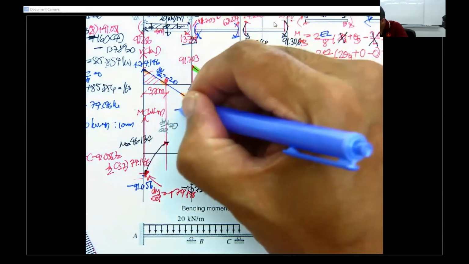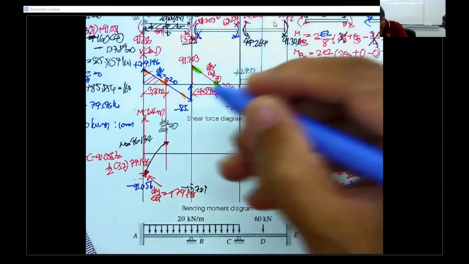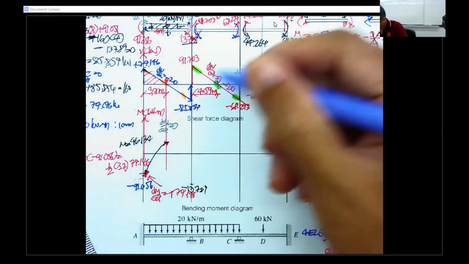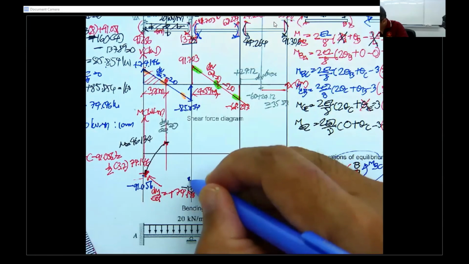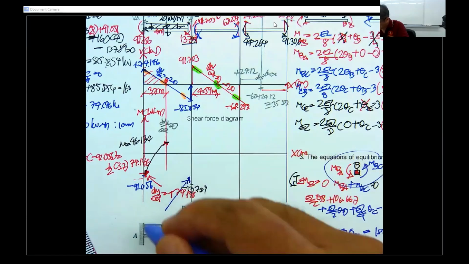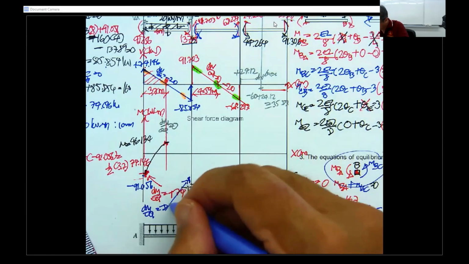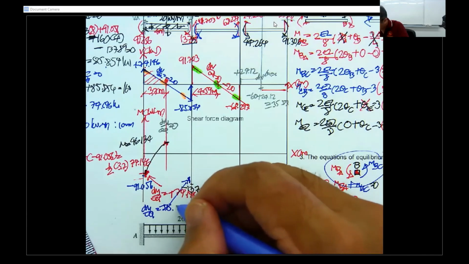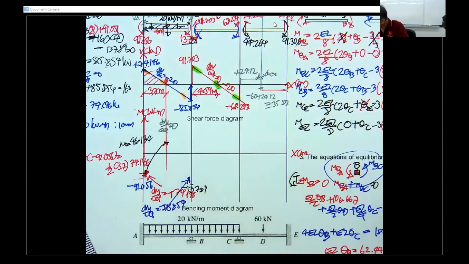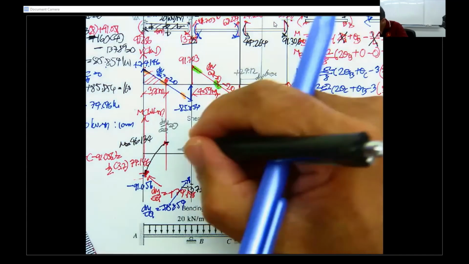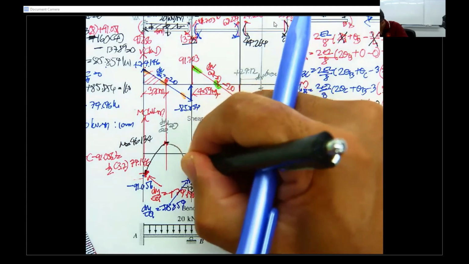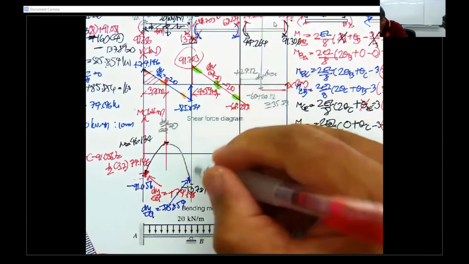This is minus 85.854. So the slope here, the dM/dx, is going to be minus 85.854, and then the curve is going to be something like this.